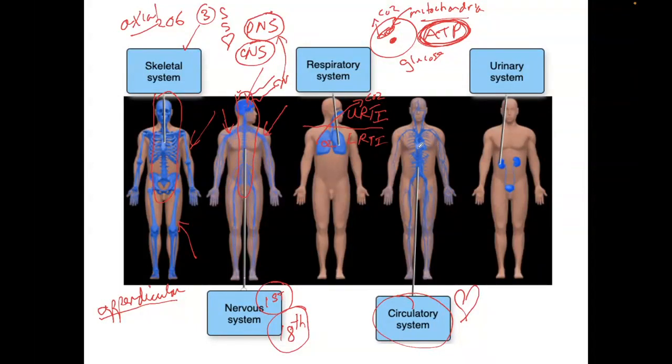When we go through the circulatory system, we'll go over in detail how the heart pumps, the difference between the right side and left side of the heart, the difference between oxygenated blood and deoxygenated blood, and how the heart and the lungs are working together in terms of oxygenating the cells and tissues of the body. We'll go over the arteries, we'll go over the veins, but the circulatory system is very important.